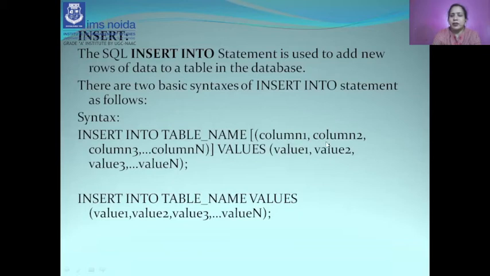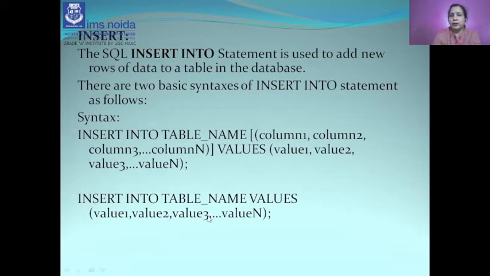These are corresponding to the columns which we have assigned here in column 1, column 2. Values must correspond. It should not be that here is a numeric serial number and here you are assigning the name. So: insert into table name values, value 1, value 2, value 3. In the alternate way, we are not giving the column names; we are giving the values directly.